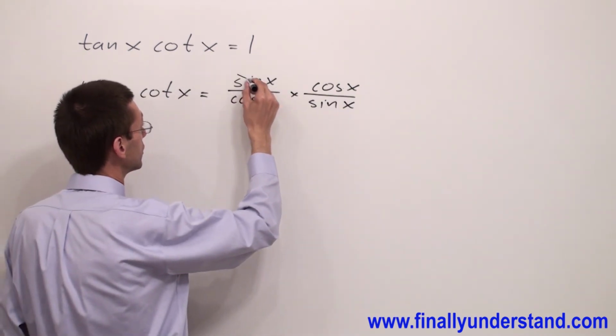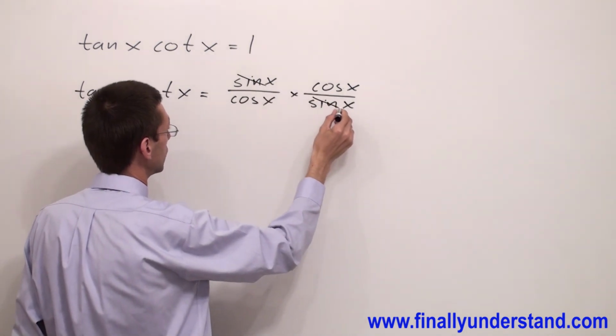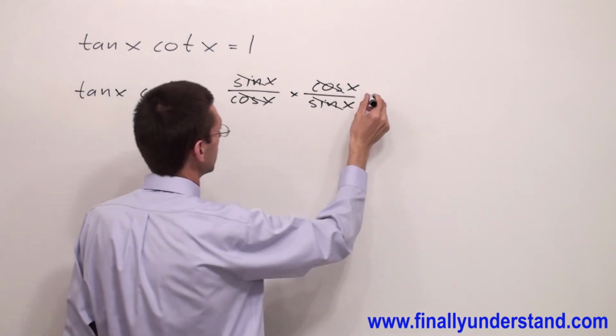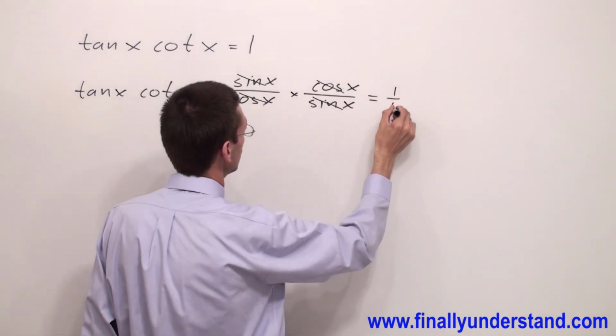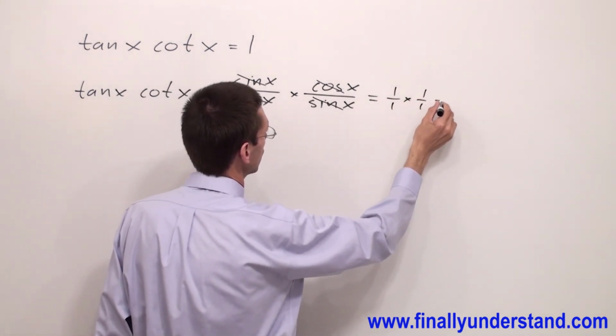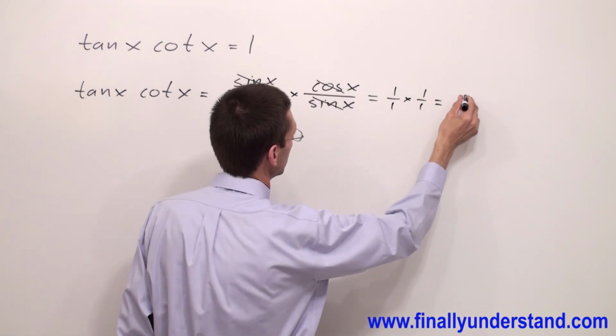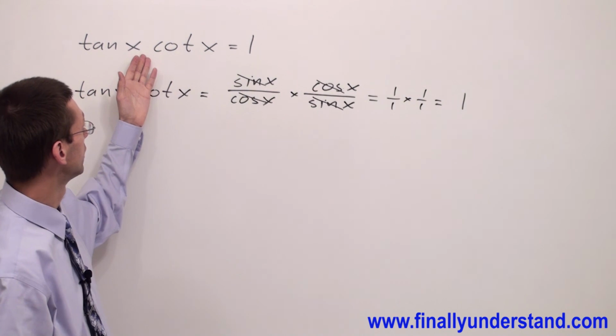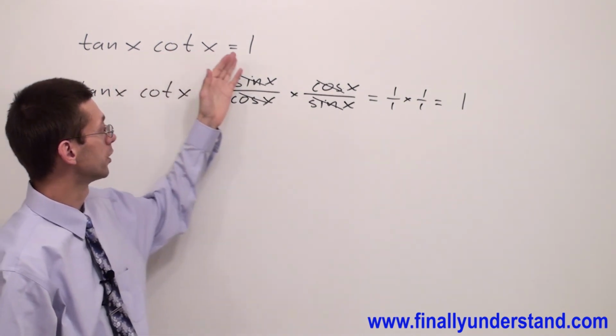We have sine and sine will cancel out. Cosine and cosine will cancel out. And finally, I have 1 over 1 times 1 over 1, which is simply 1. And this is the proof that the left side of my equation is equal to the right side.